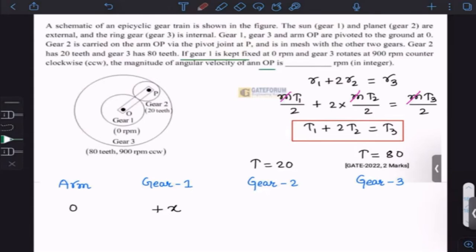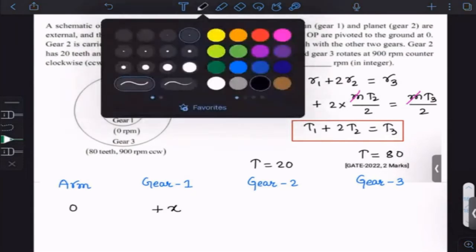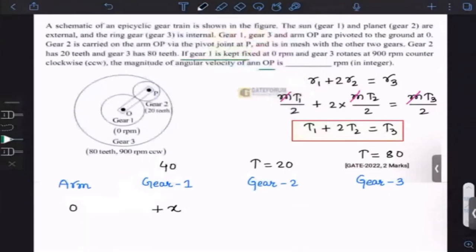Now T1 is T3 minus 2T2. T3 is 80, and 2 into 20 means 40, so 80 minus 40 gives 40. That was the catch in this problem: 40 is the number of teeth in T1.